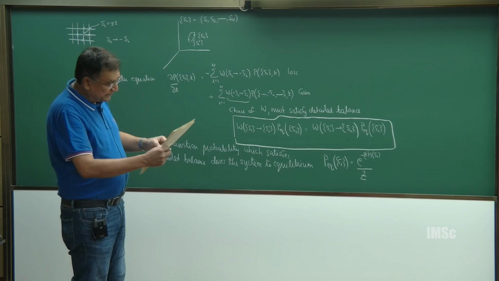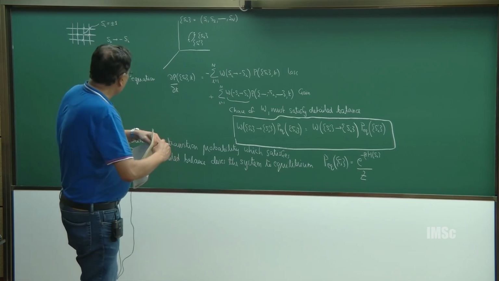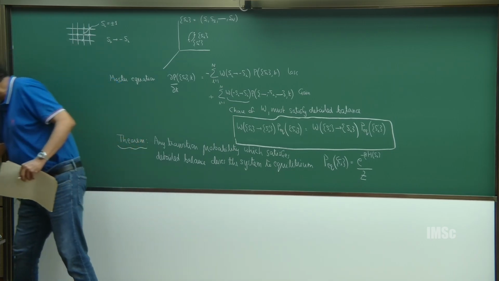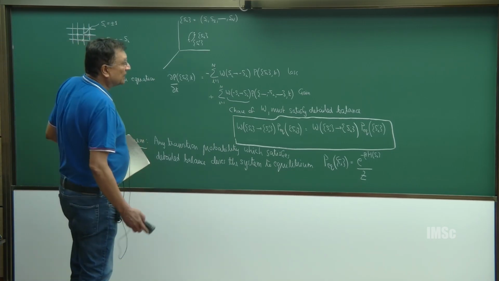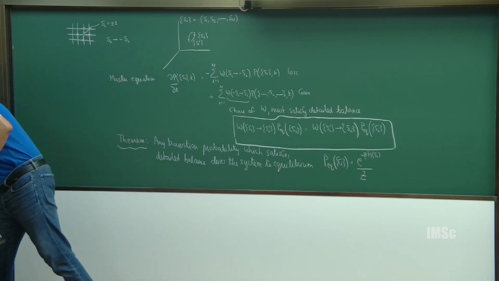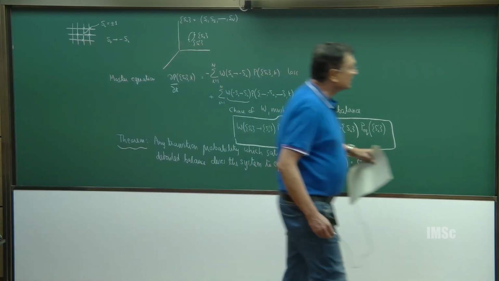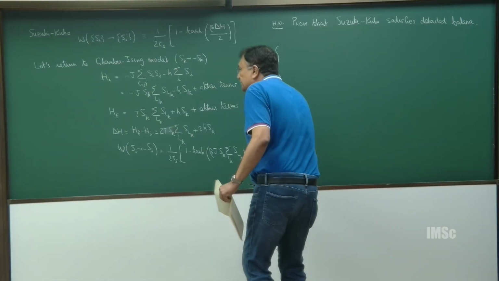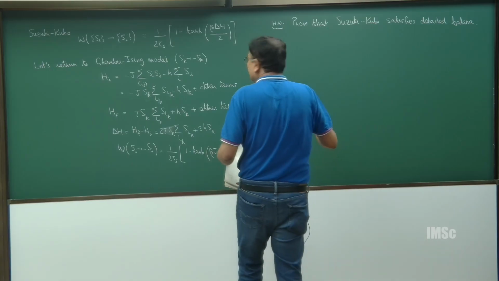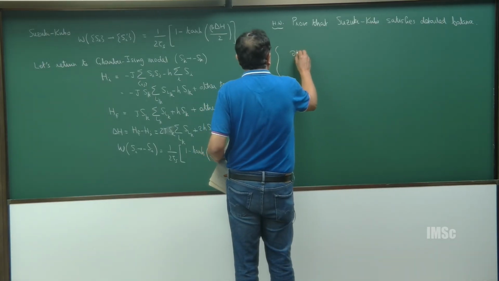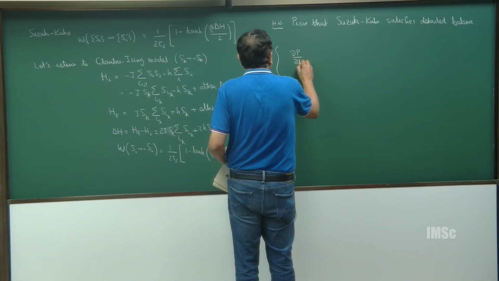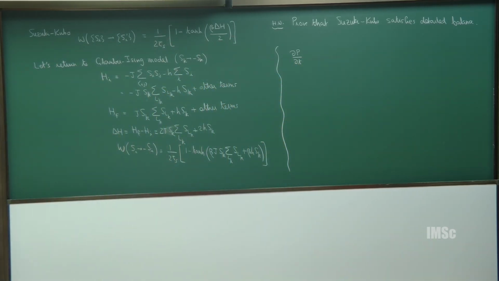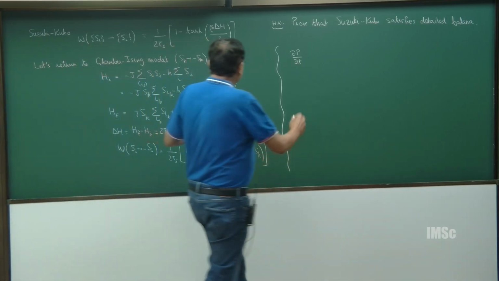Now I'm going to replace this in the master equation. Maybe let me just use that side of the board first, because I should make optimal use of the board. If I replace this in the master equation, I find del P by del t, where I drop the arguments. Let's make our life a little simpler.